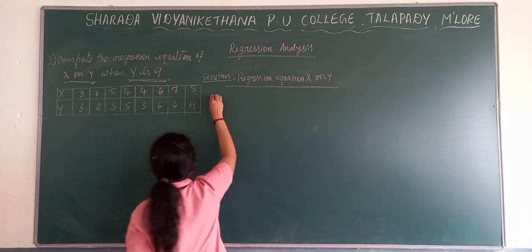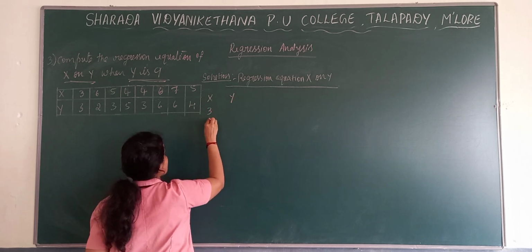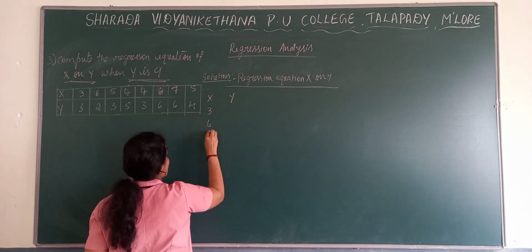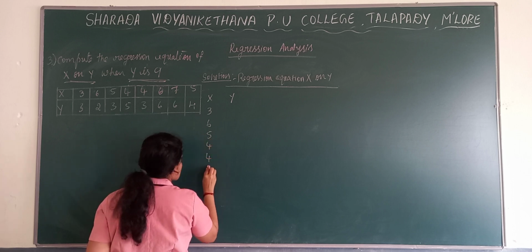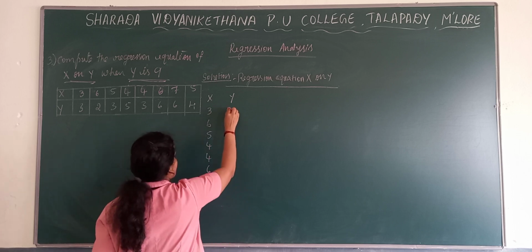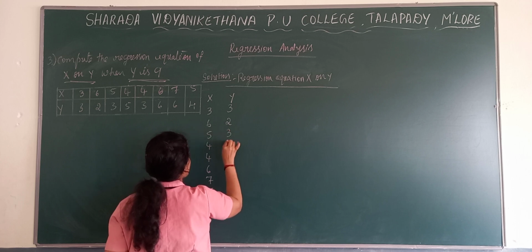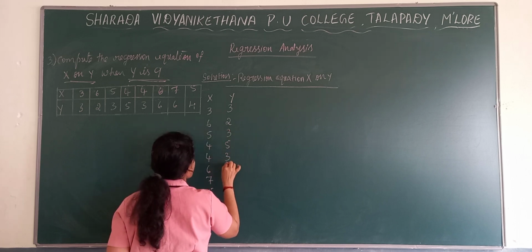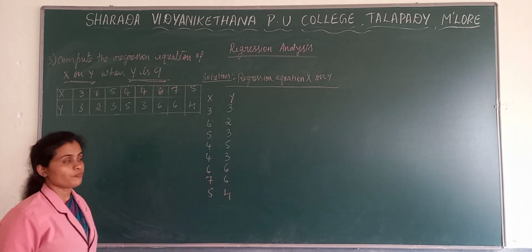So here x, then y: 3, 6, 5, 4, 4, 6, 7, 5. So here 3, 2, 3, 5, 3, 6, 6 and 4.